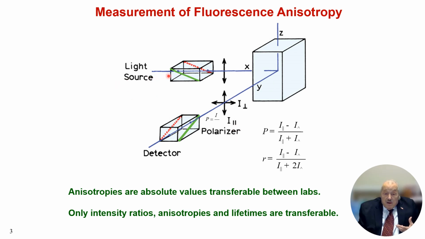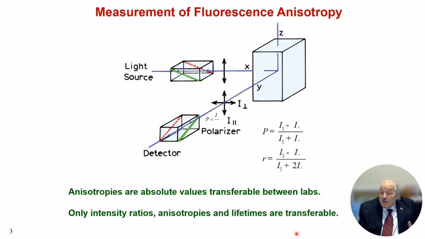You excite the sample with polarized light, then look at the emission parallel and perpendicular to the incident light, and you use those values to calculate the anisotropy, the differences over the sums. In other cases, we'll see the more appropriate case is the differences plus a slightly different expression for the sums.